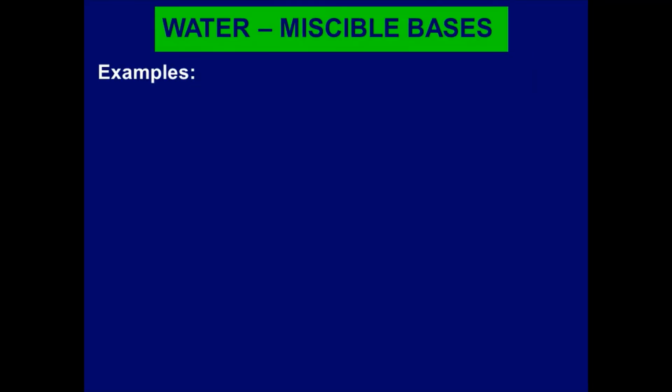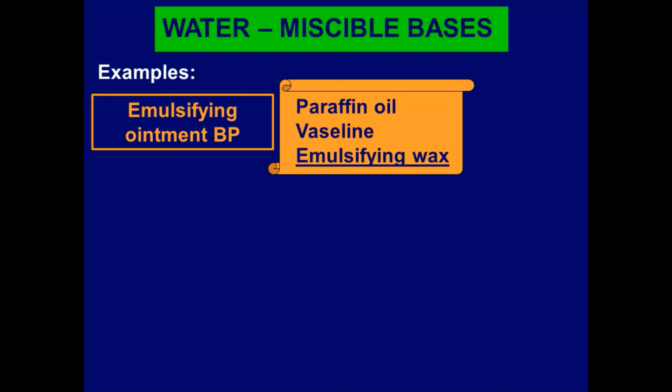Actually, there are different types of this emulsifying ointment. The type where you use sodium lauryl sulfate emulsifying wax, or simply called emulsifying wax, is called emulsifying ointment, and is included in the British Pharmacopoeia.